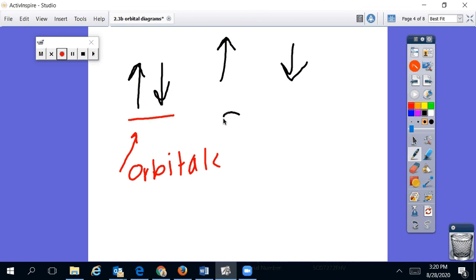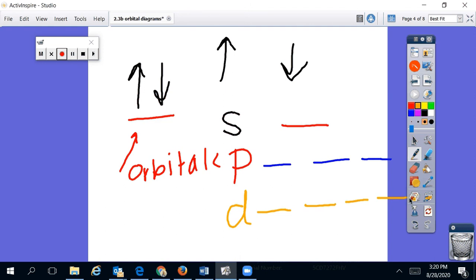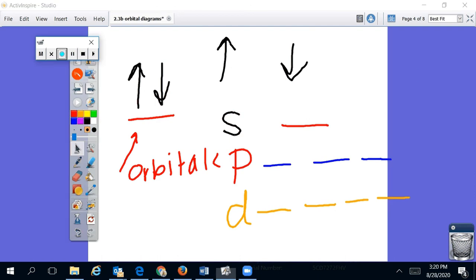We also know that the s will have 1 orbital, the p will have 3 orbitals, the d will have 5 orbitals, and the f will have 7.